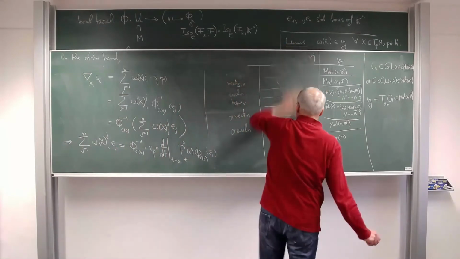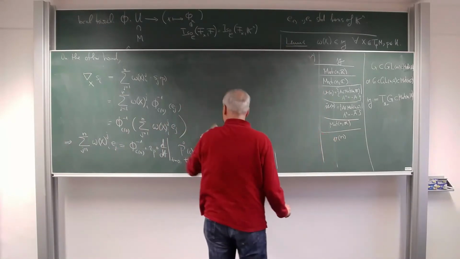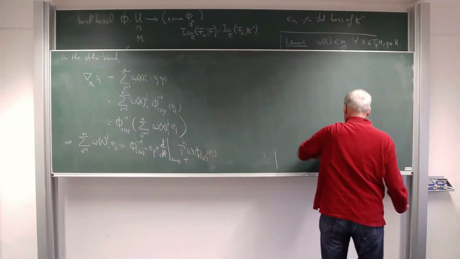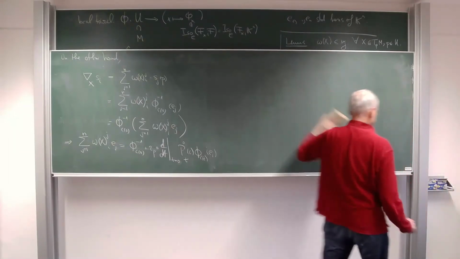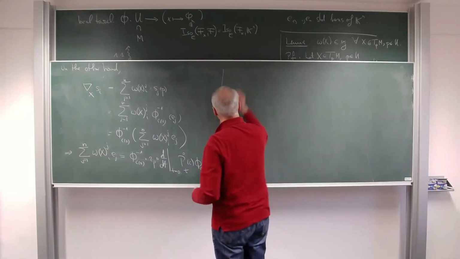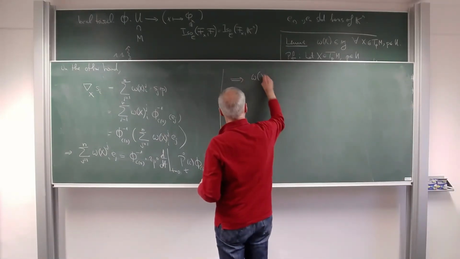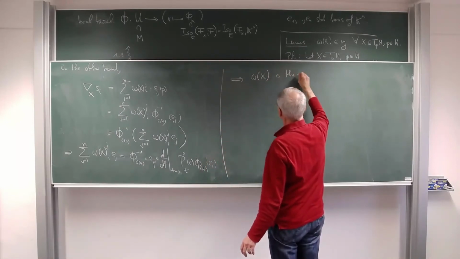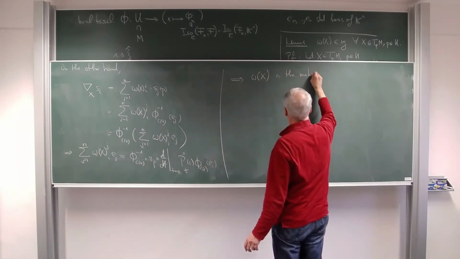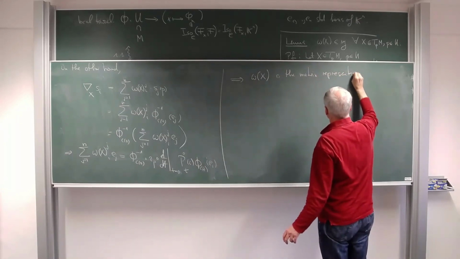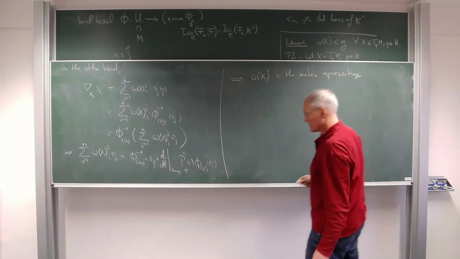So let me just write it down. So therefore, omega of x is the matrix representing what map?